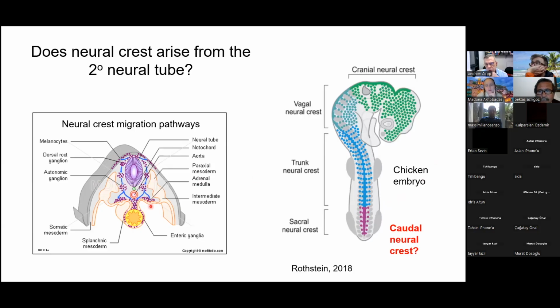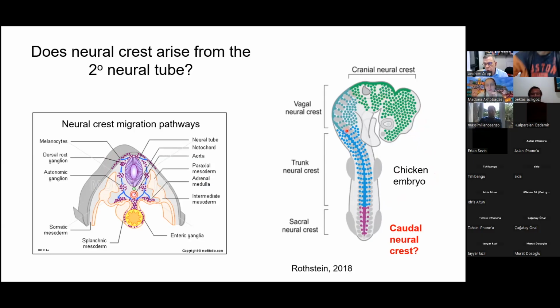That's looking in cross-section, but looking along the body, we have different regions of neural crest, and this has been best studied in the chicken, but is also seen in mammals as well. And so we have cranial neural crest that forms a lot of the skeletal structures of the skull, particularly the front of the skull vault, as well as many other neural structures within the head.